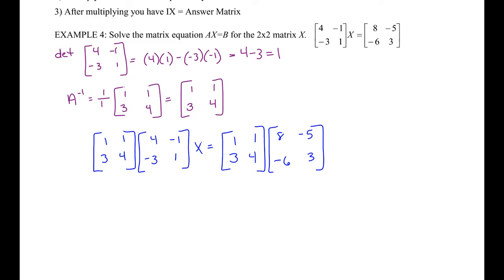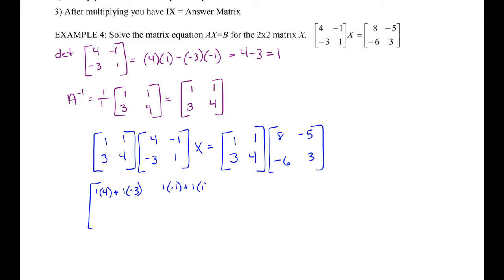So my 2 by 2 matrix answer we're going to get here, we'll get 1 times 4 plus 1 times negative 3 in the top left, then 1 times negative 1 plus 1 times 1 in the top right.